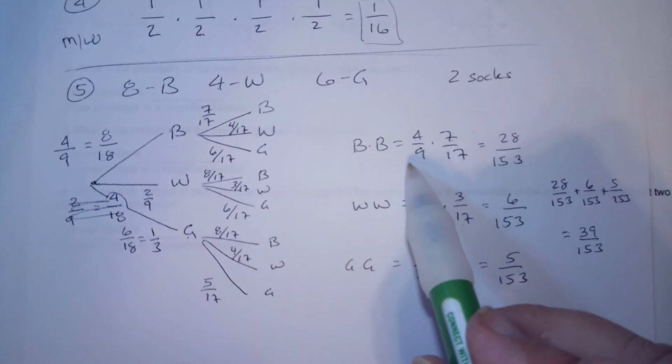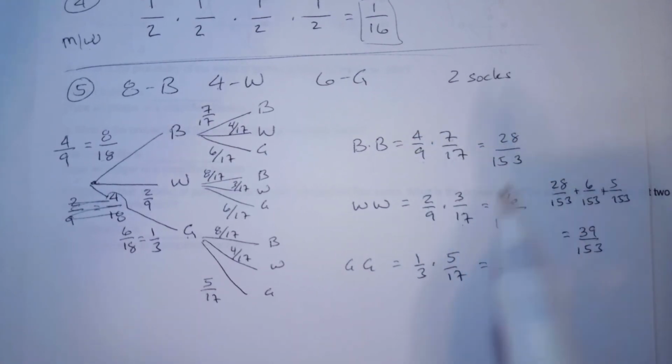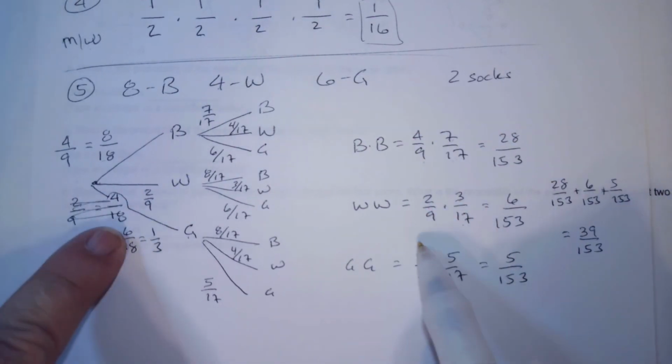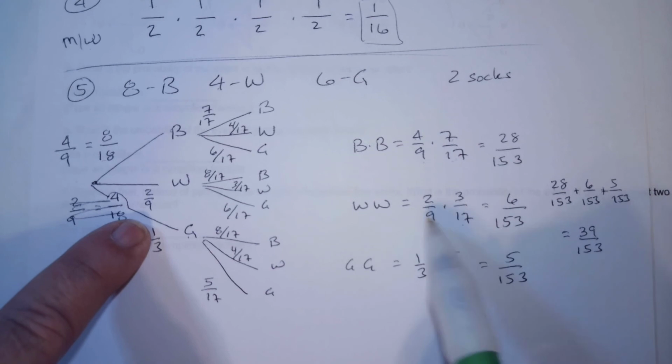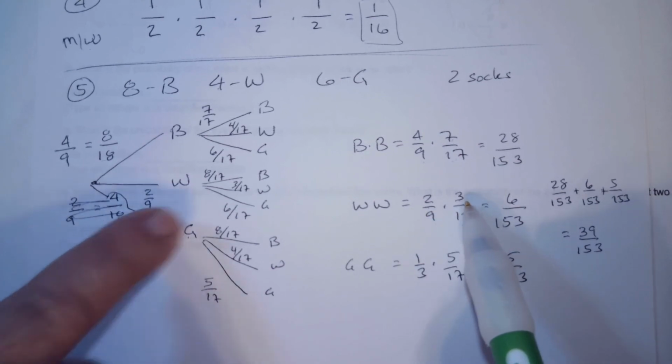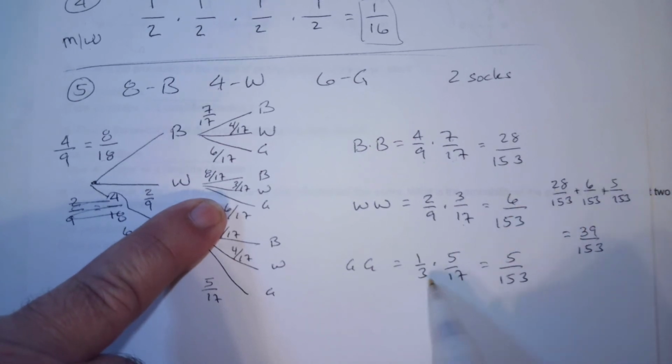It's 4 over 9, 7 over 17. It's 28. Okay, so now the white one is 2 over 9, 3 over 17, 6, okay.